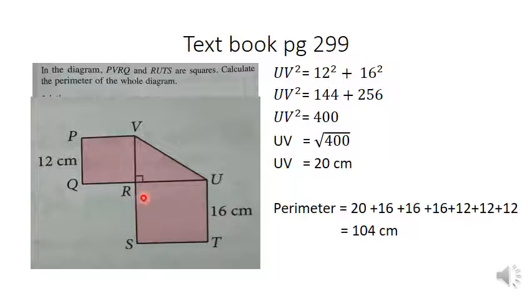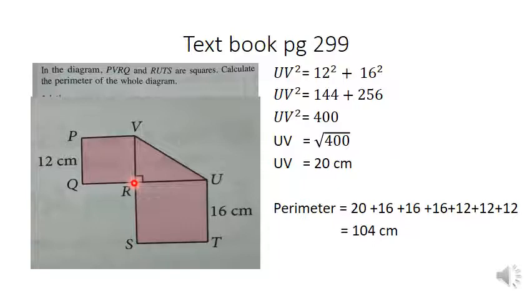One more, RUTS. Also a square. Now, focus on this square. PQ is 12 cm. How about QR? What is the length?